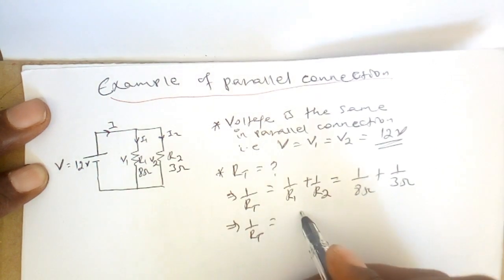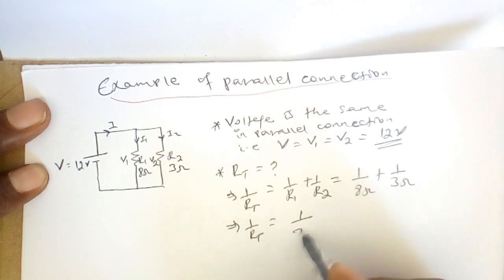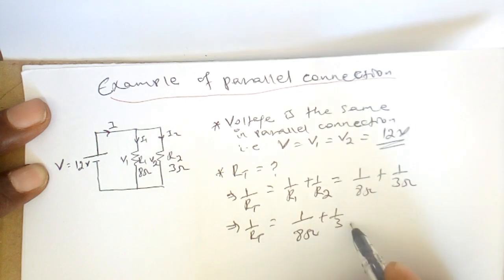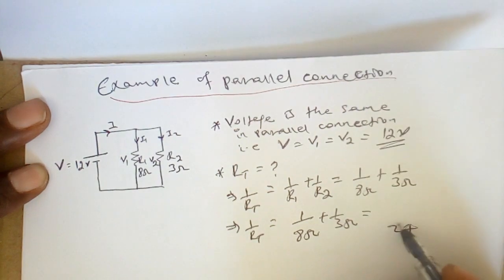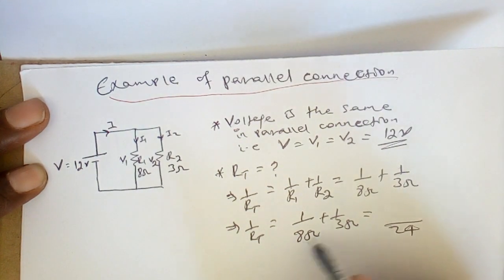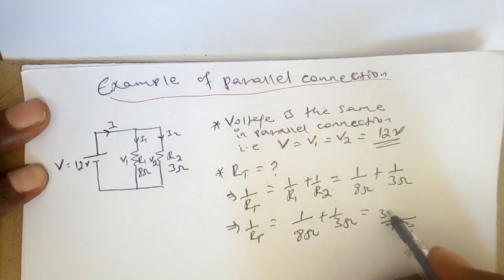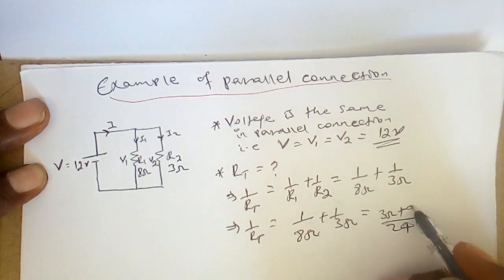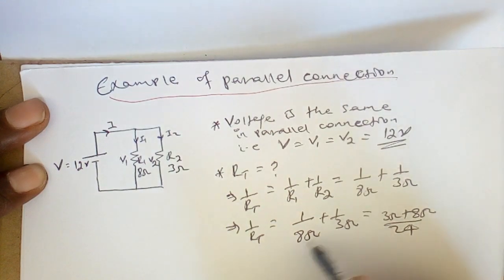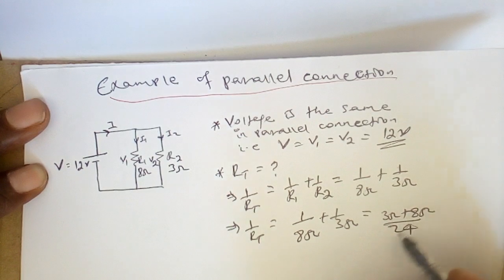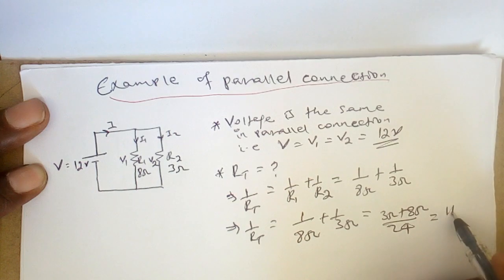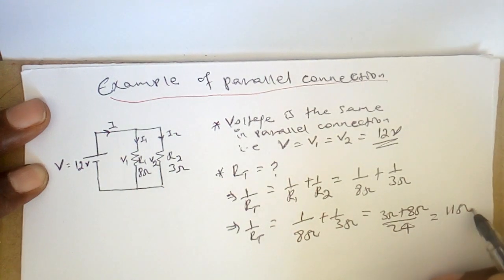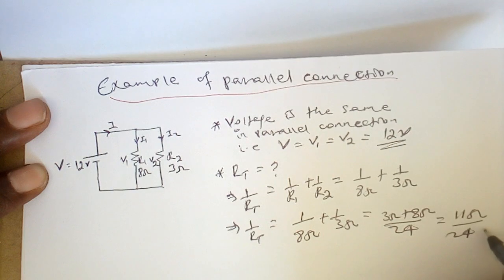So 1 over R total is equal to 1 over 8 ohm plus 1 over 3 ohm. So 24 is the common denominator: 24 divided by 8 is 3, and 24 divided by 3 is 8. 3 plus 8 is 11, so 11 over 24 ohm.